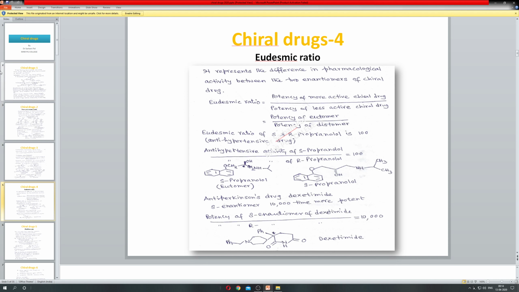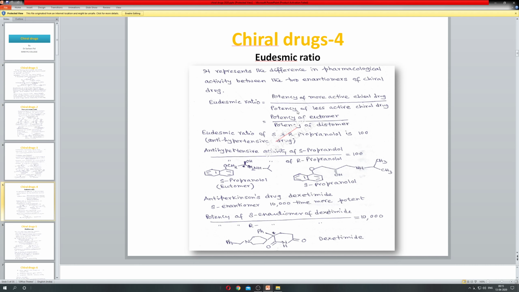Now let us go to one ratio. That ratio is known as the Eudysmic ratio. Now what is the definition of the Eudysmic ratio? The Eudysmic ratio is the ratio of the potency of the eutomer divided by the potency of the distomer. Means potency of the more active chiral drug divided by potency of the less active chiral drug.